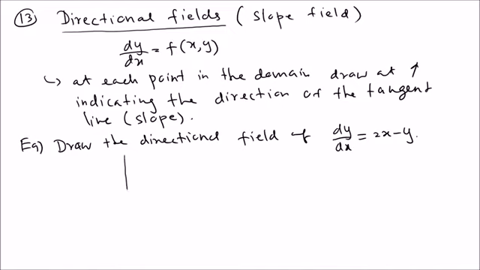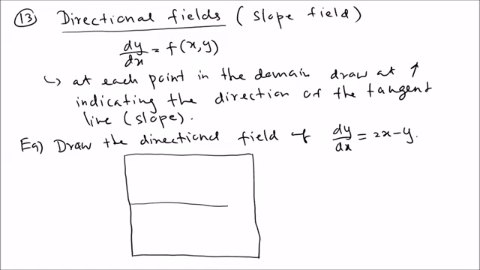So this is a grid with enough number of points. Normally this will be given.